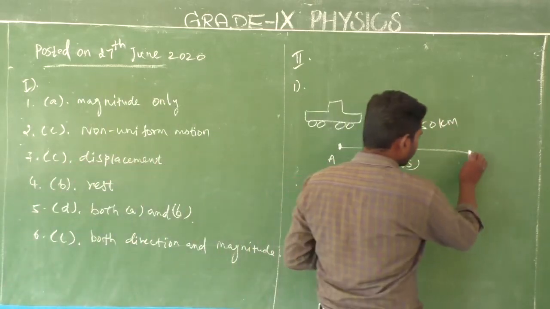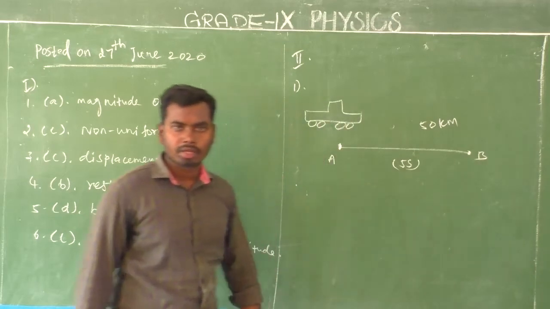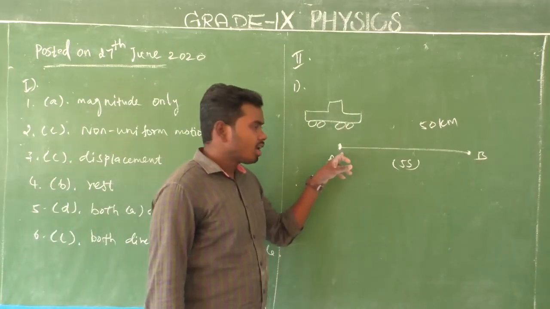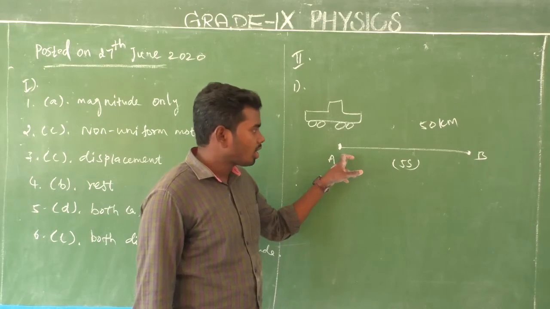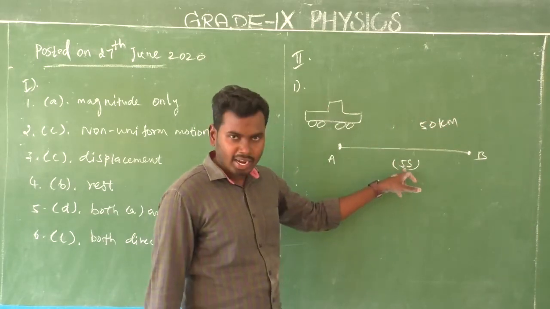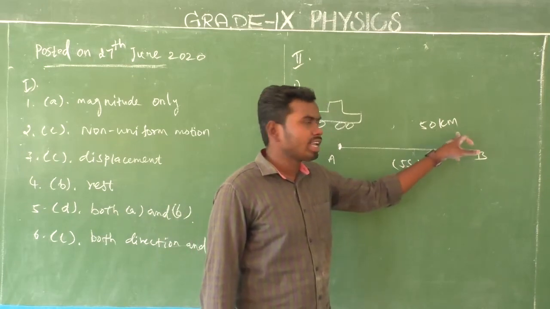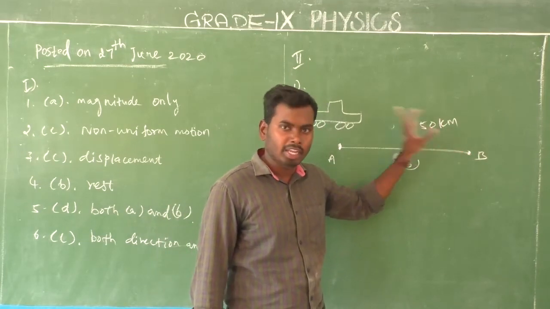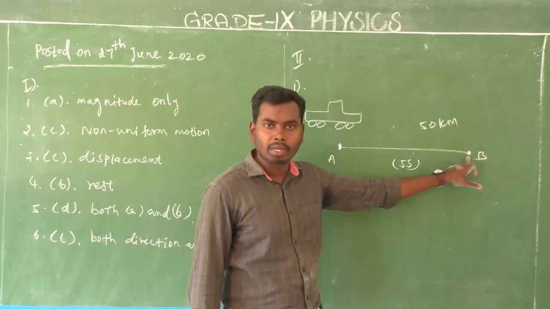So finally the car comes to position B. Very simple. The car moves along a straight road. Then after 5 seconds, the car covers the distance of 50 kilometers, and finally comes to position B.